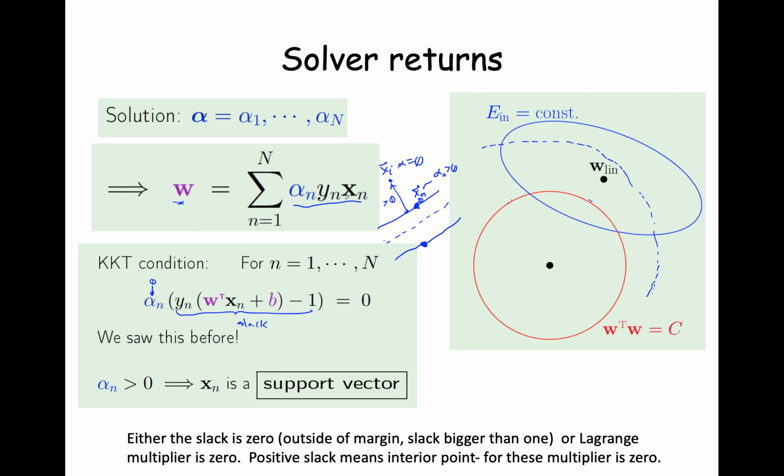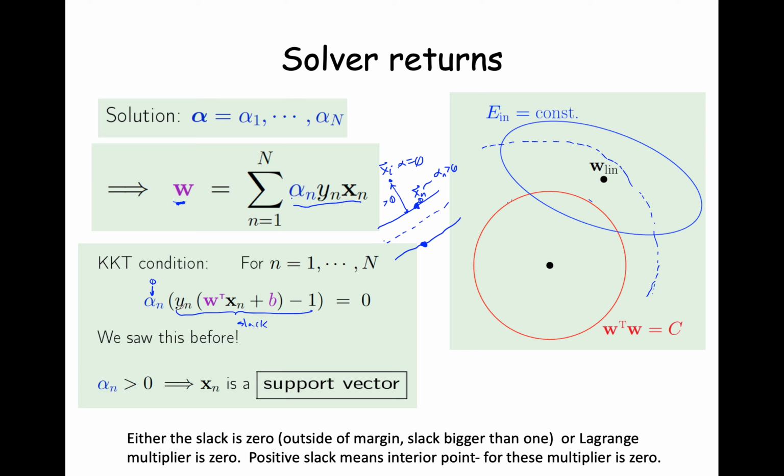And so therefore, we notice that for those margin points with the zero slack, they contribute to what W is. And in fact, W's value is constrained by those margin points. The margin points have a zero slack, and therefore their alphas are greater than 0. So either the slack is 0 or the Lagrange multiplier is 0.